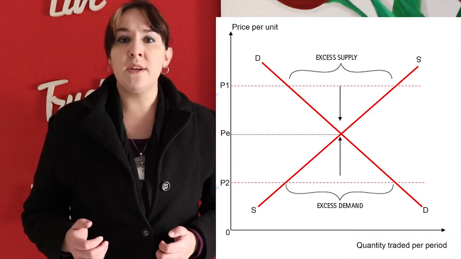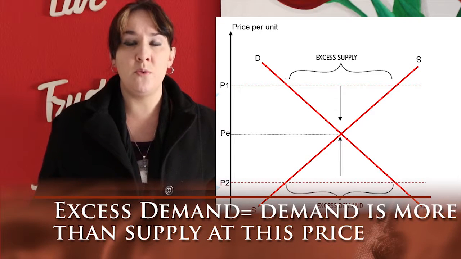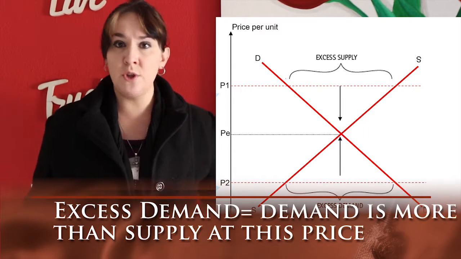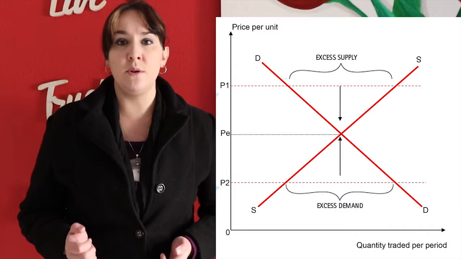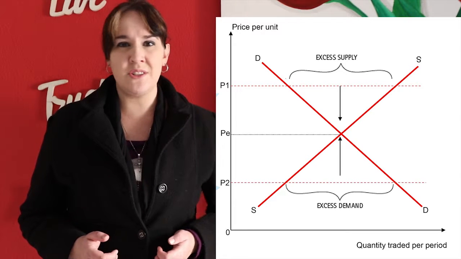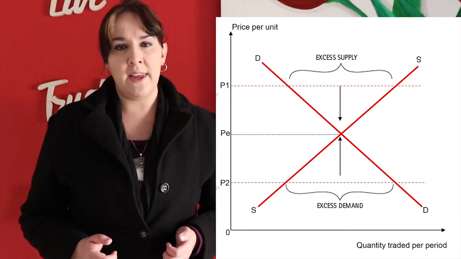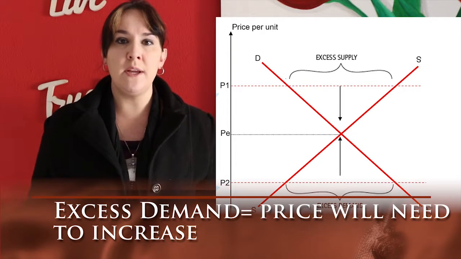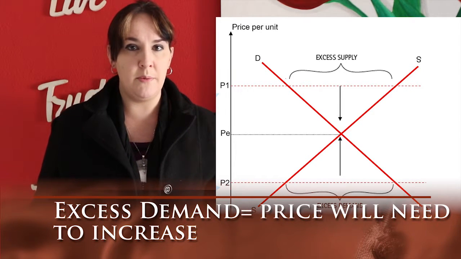And if I have, for example, excess demand, where my demand is greater than my supply, the consumers are very happy to buy at a very low price, and the supplier is not so keen on supplying at that very low price. What needs to happen to my price in order to go back to the equilibrium?